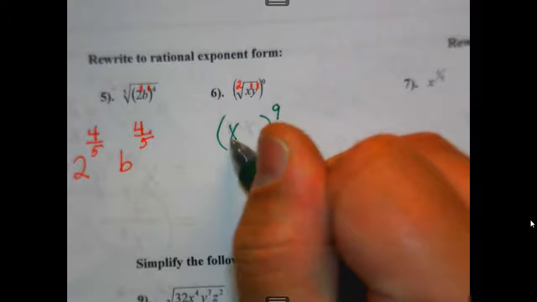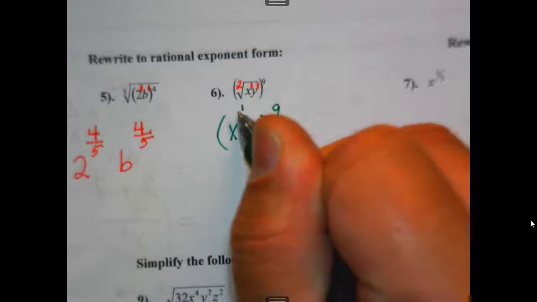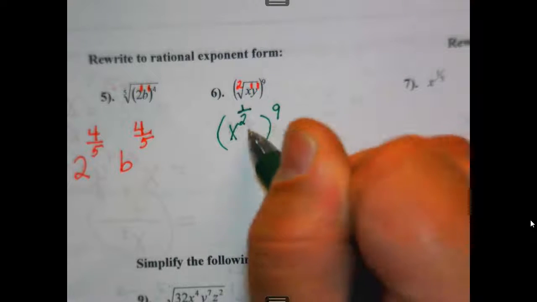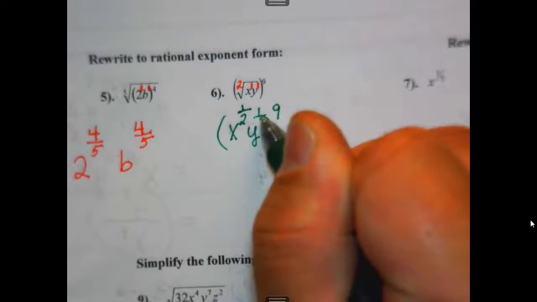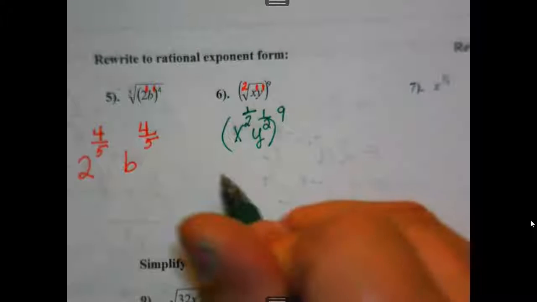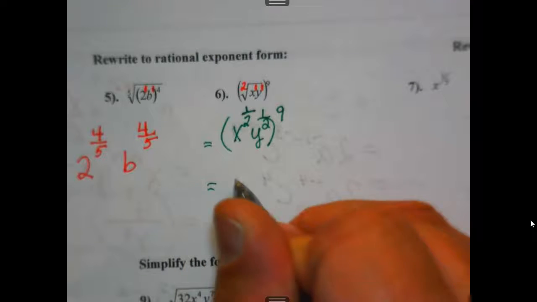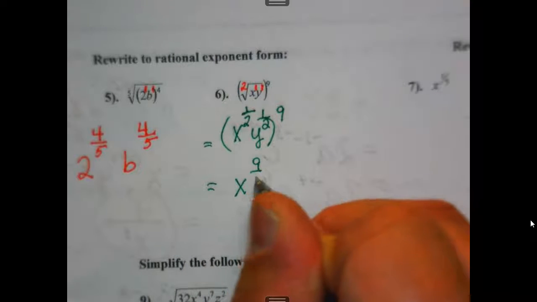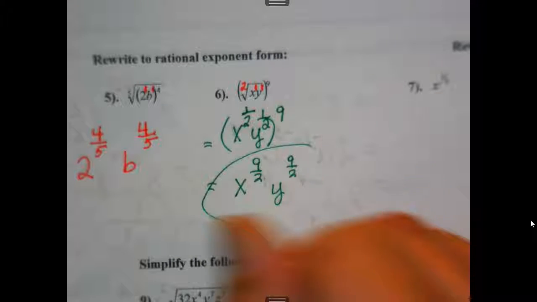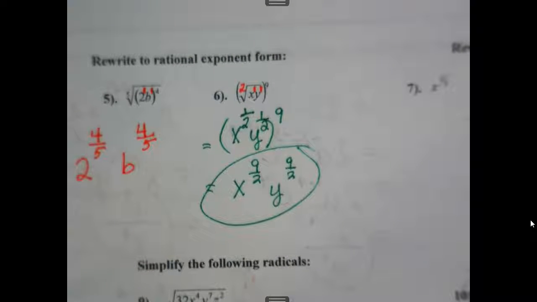I have x, the numerator is 1, the root is 2, x to the 1/2. Now I have to distribute that 9. So this equals x to the 9/2, y to the 9/2.